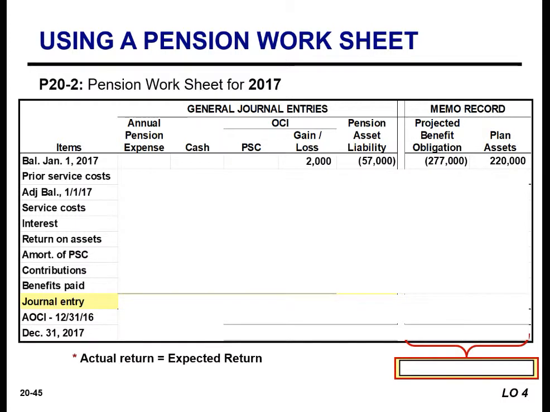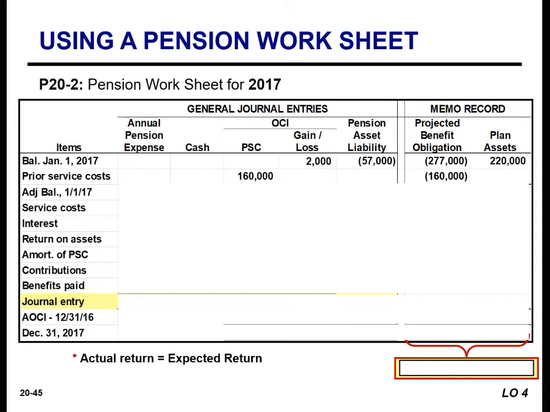Now, if we continue on and we go into 2017, we start with those balances that were at the end of 2016. We have prior service costs of $160,000 from the plan amendment on 1/1/2017.